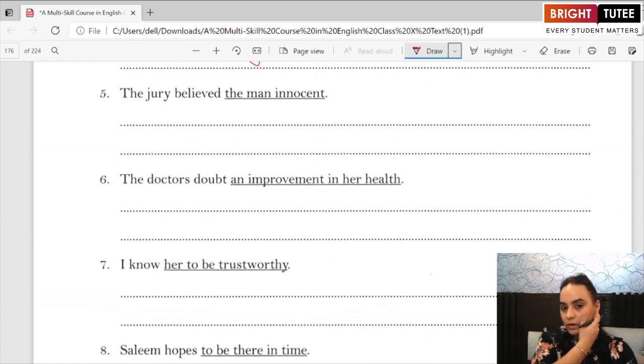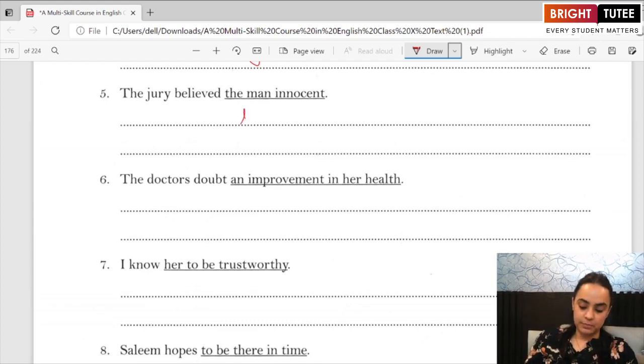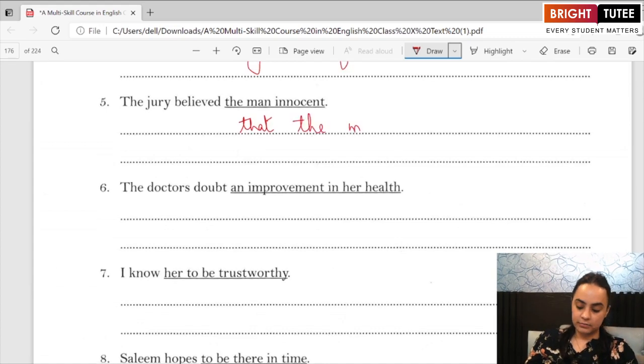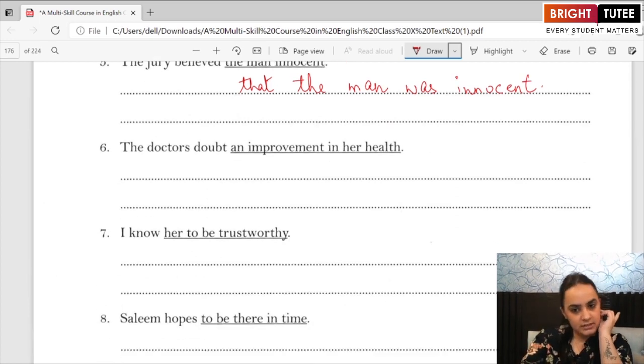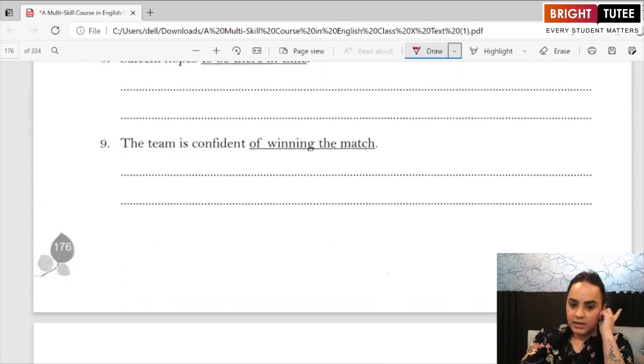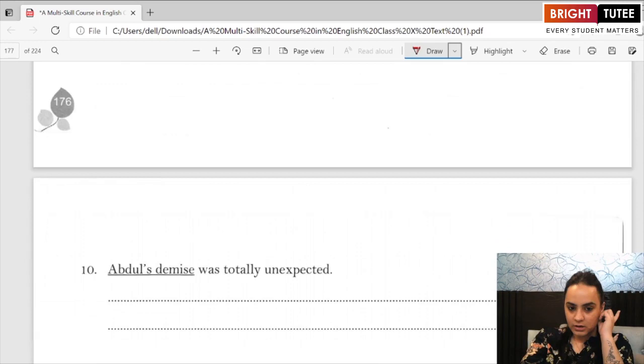I'll do the last one for you so that it is clear. The jury believed the man innocent. The jury believed that the man was innocent. Okay, so in this way you are supposed to solve the rest of the sentences as well. Okay, let us look at the next question now.